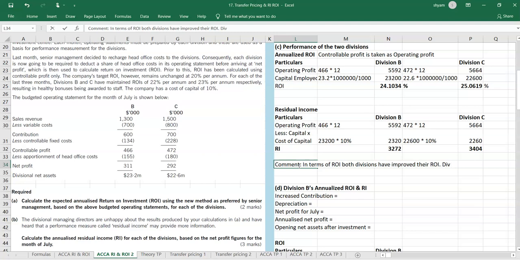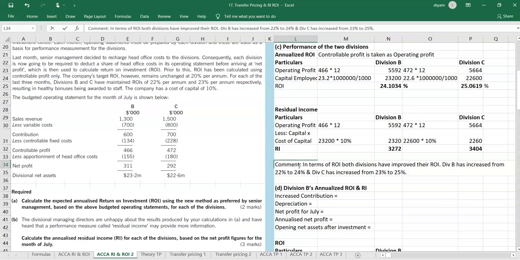Division B has increased from 22% to 24%, and division C has increased from 23% to 25%. So they have improved.